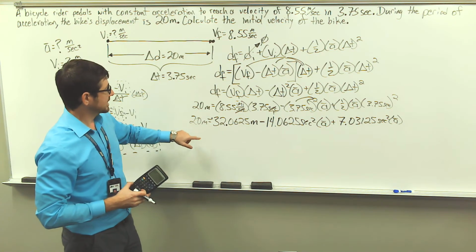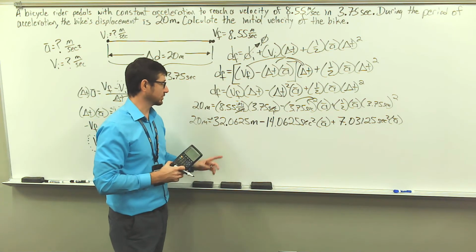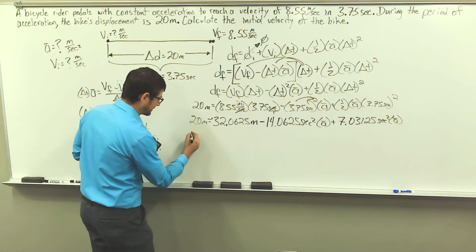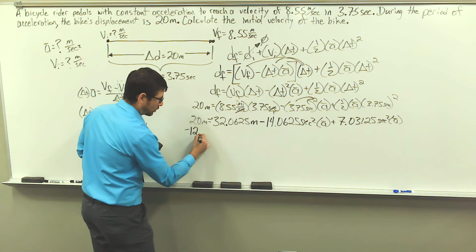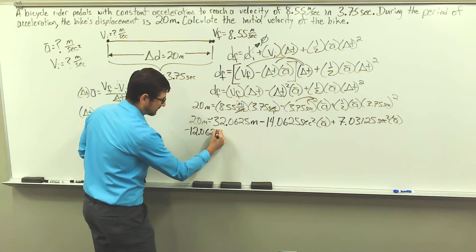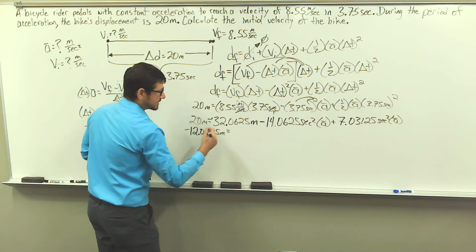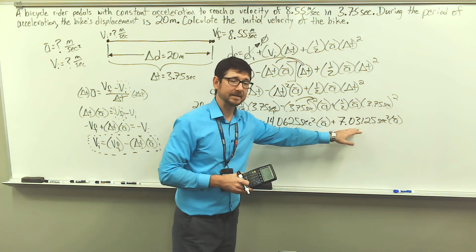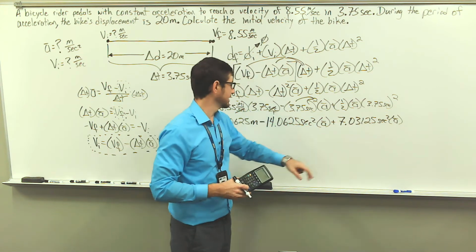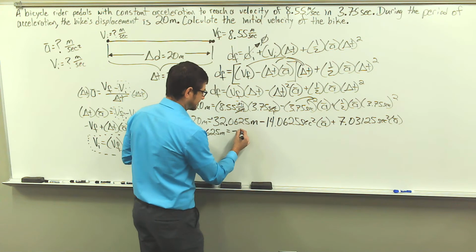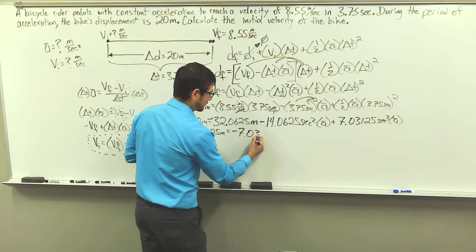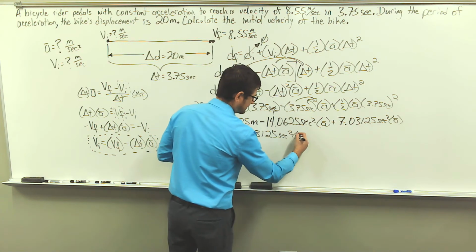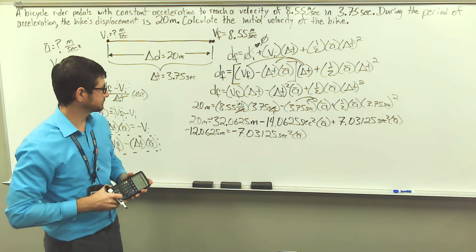So 20 meters minus 32.0625 meters will give us a negative 12.0625 meters. This is going to be equal to, so let's combine these two values here, a negative 7.03125 seconds squared times our acceleration, okay?